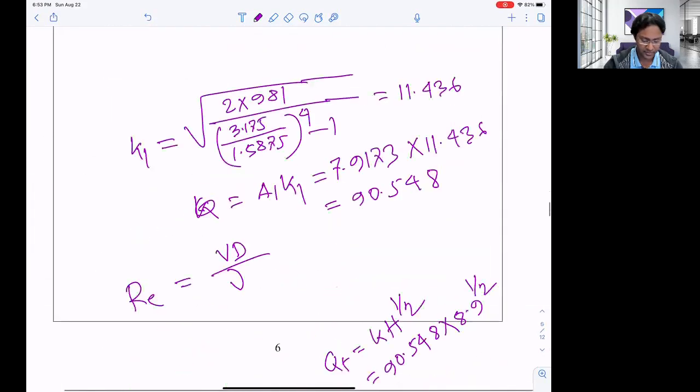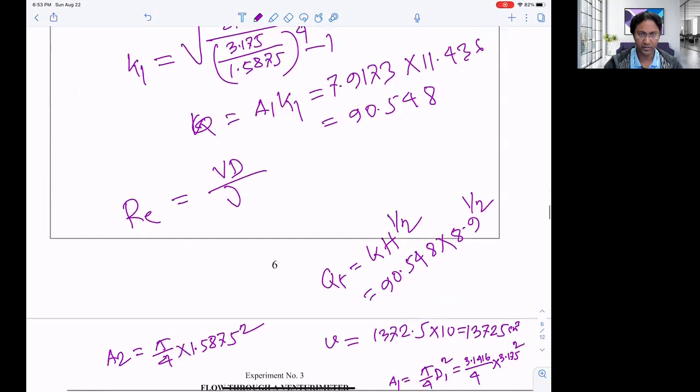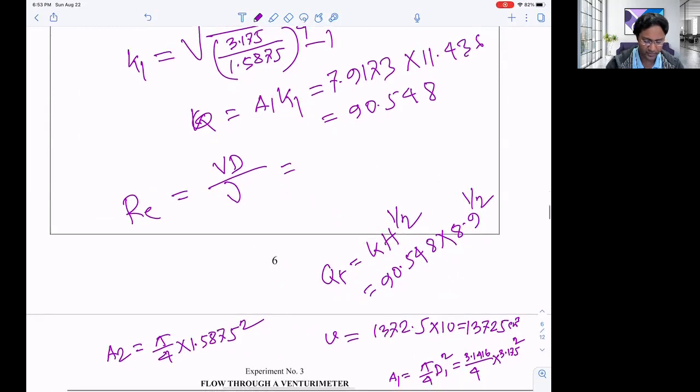Reynolds number is basically the ratio of VD over nu, and in plain English we can say it is the ratio of inertia force to the viscous force. That is the definition.